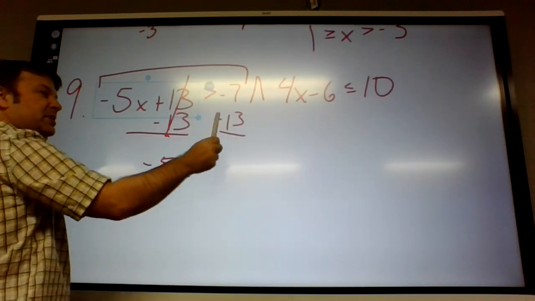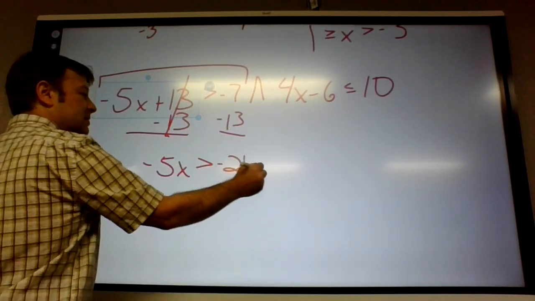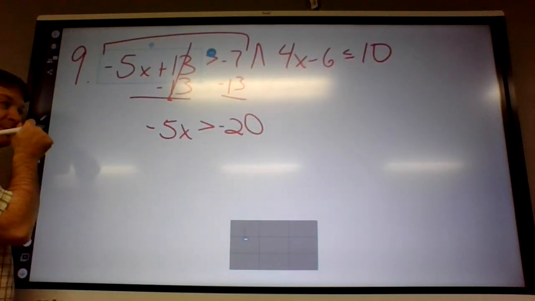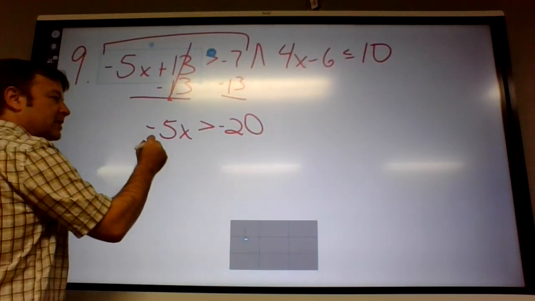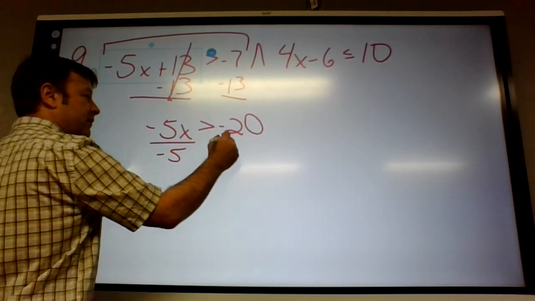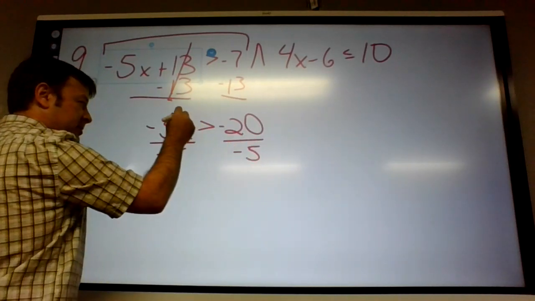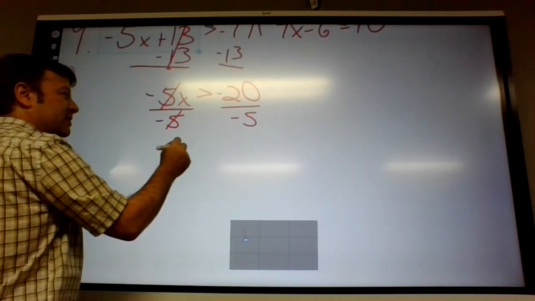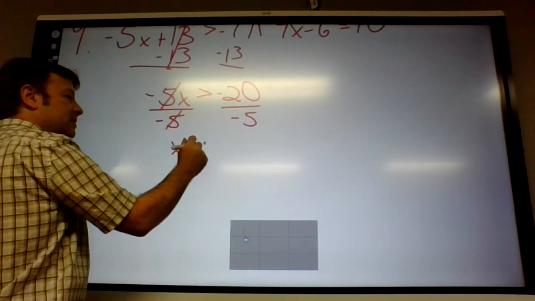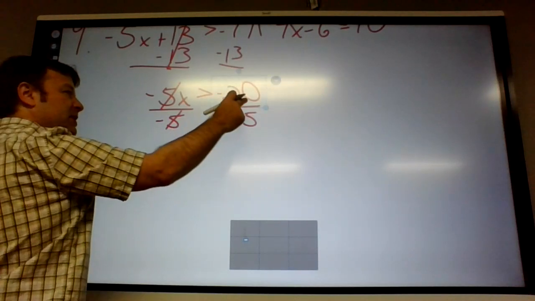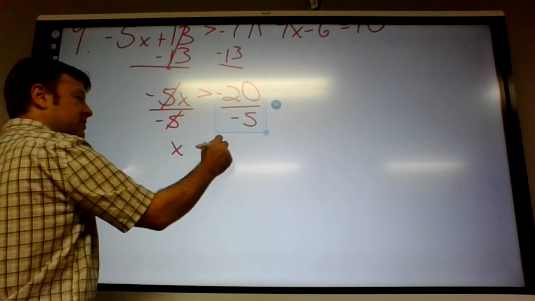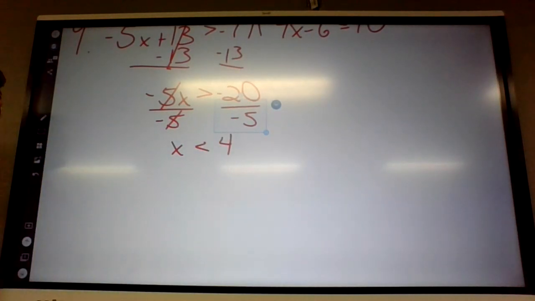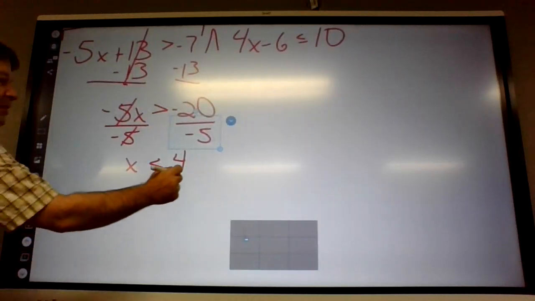Negative 7 minus 13, negative 20. Alright, then what, Isabel? Divide by negative 5. What happens when we divide by a negative? The inequality switches. Negative 20 divided by negative 5 is positive 4. Okay.